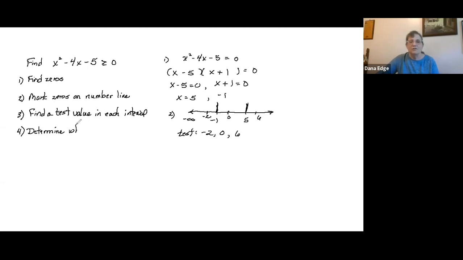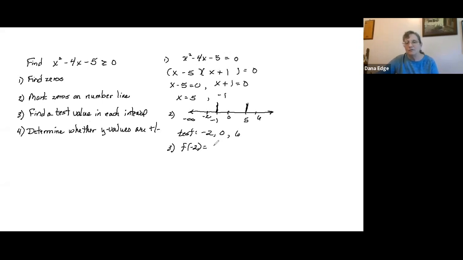I want to determine whether the y values will be positive or negative. So if I find f of -2, I could plug it in here or I could plug it in here, as long as I'm absolutely positive this is correct.